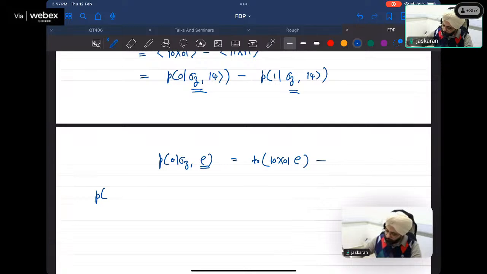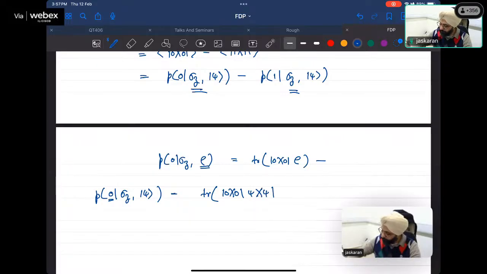The probability of getting some outcome 0 of sigma z for some pure state psi, we wrote as the trace of |0><0|, which was the projection corresponding to the outcome 0, and then we were just taking the product with the pure state psi. So this was the usual Born rule, but this is a pure state.